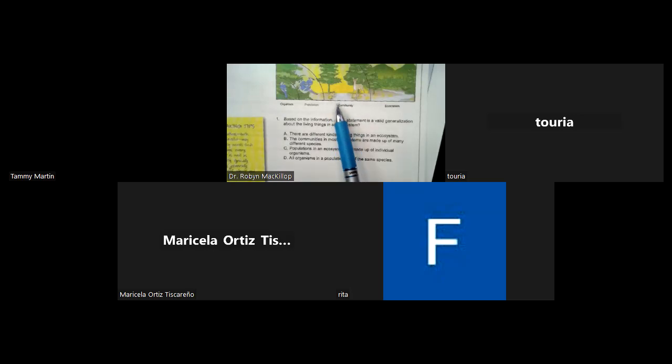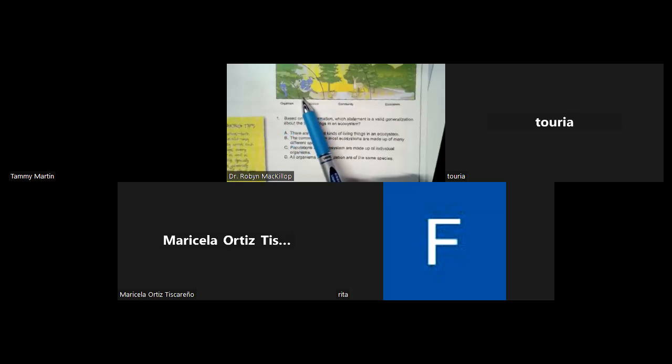This is a hard picture to see, but they've got rabbit, trees, deer. Populations in an ecosystem are made up of individual organisms. Well, that's probably true too. All organisms in a population are of the same species. So that's probably true. It goes from one bird as an organism to a population of the same bird.